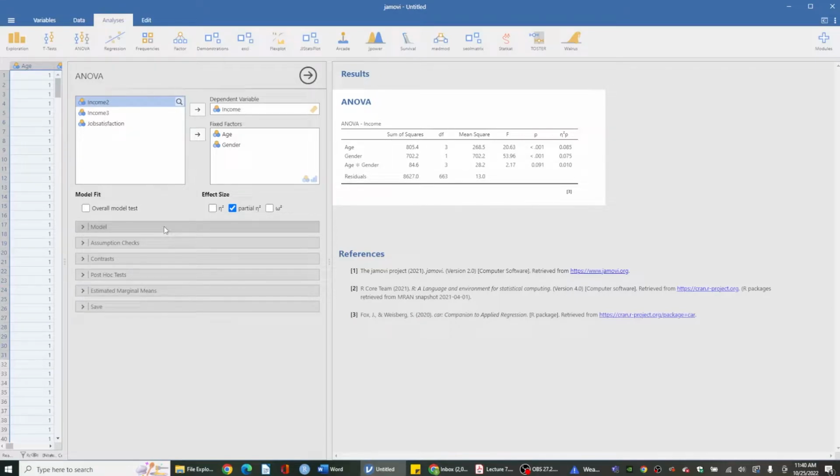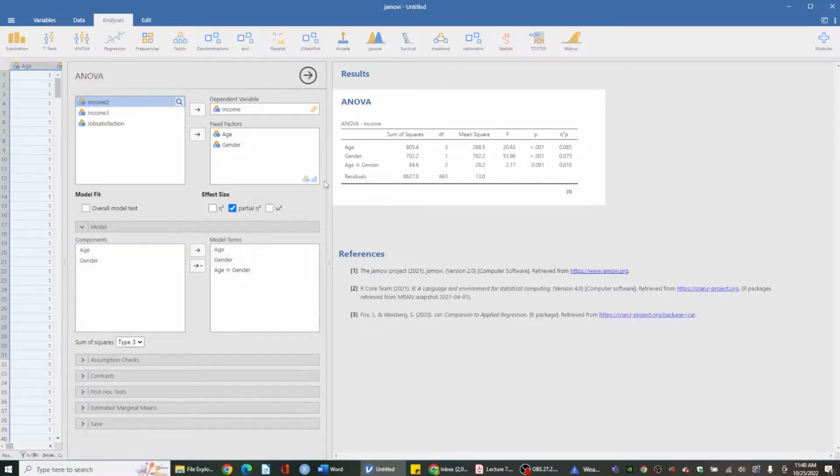Just for fun, being that the interaction effect wasn't significant, we can just look at the main effect, the different levels of the main effect. But generally speaking, if this interaction term was significant, this interaction term would supersede the main effects.